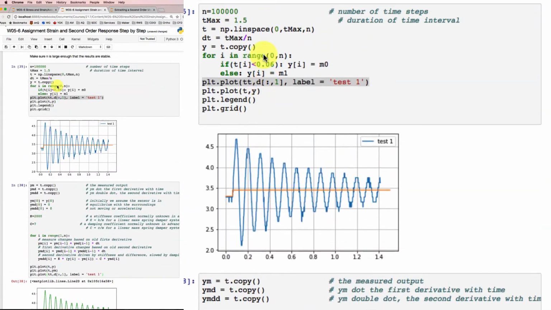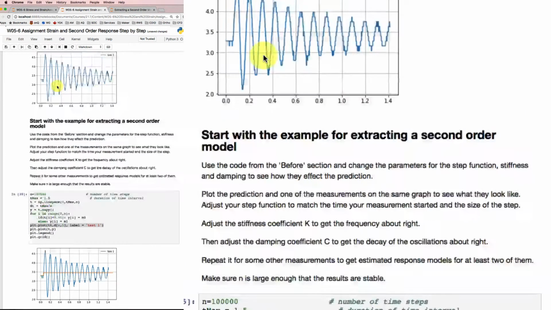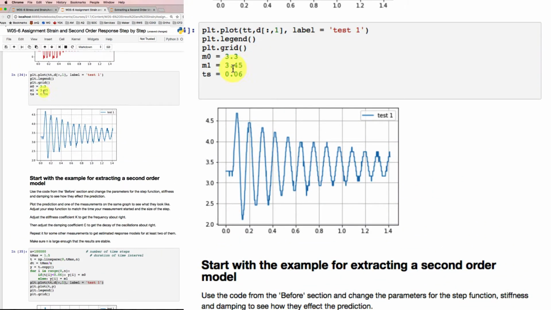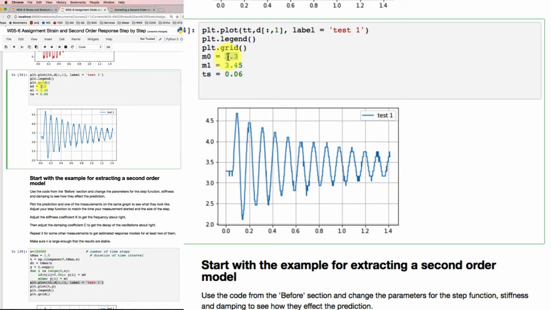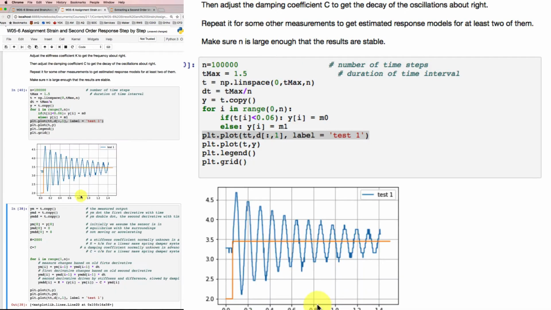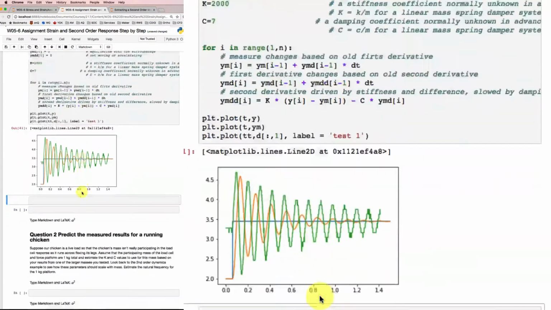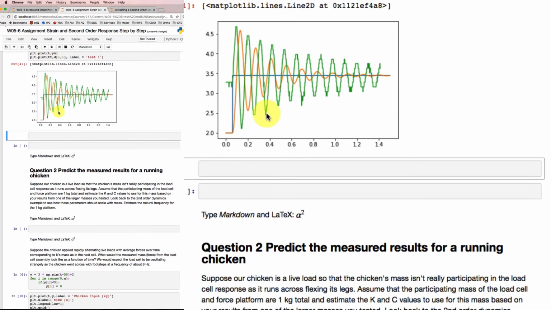So let's go up here and try, what did I do? I was way back up here. Let's make that 2 instead of 3.3, just to get a bigger bounce. Doesn't change any of that, but now when we go and do our calculation, okay, now the bounce is about the right size, but it's damping out too fast.